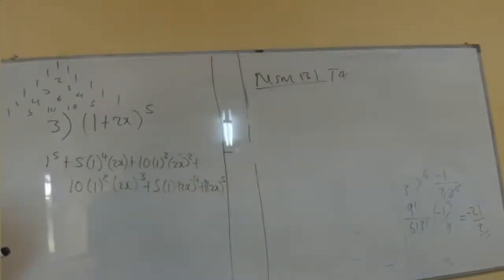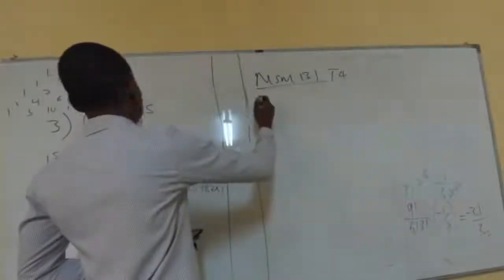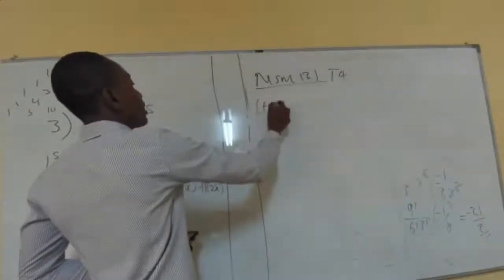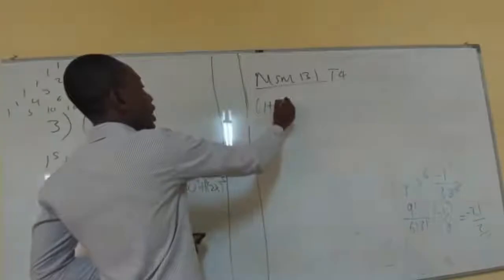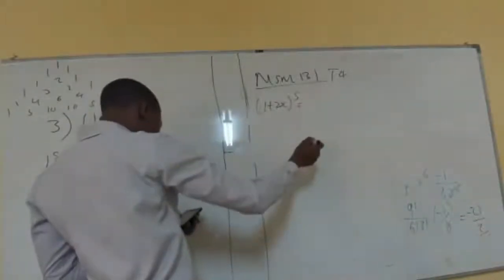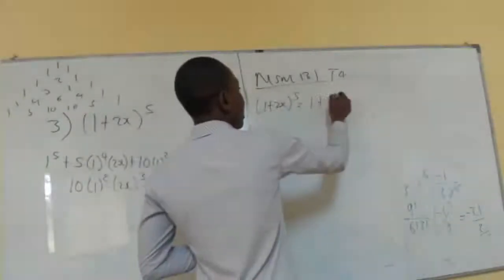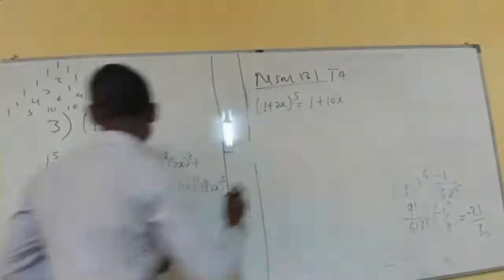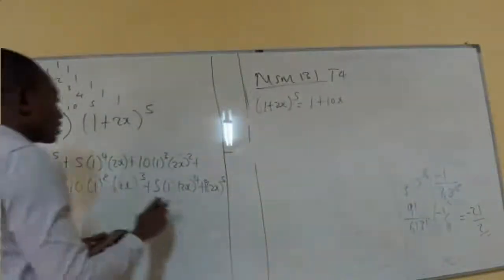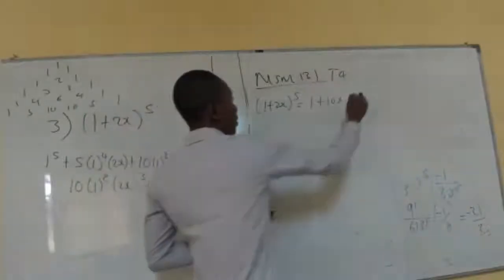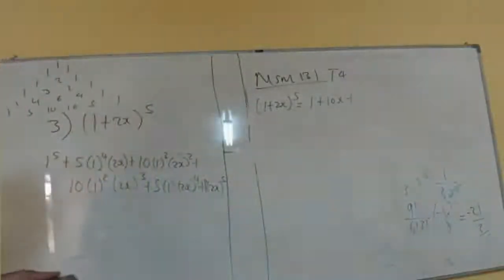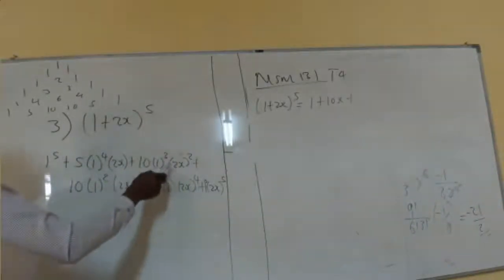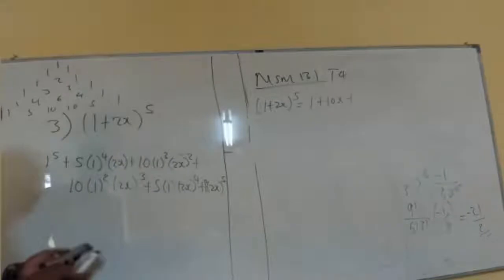The first 5 terms, when you expand them, what we're going to have is 1 plus 2x to the power 5 equals 1 plus 10x, because we have 2 times 5 is 10, so that's 10x, plus we have 10. This is 2 to the power 2, which is 4. Then 4 times 10 is 40.